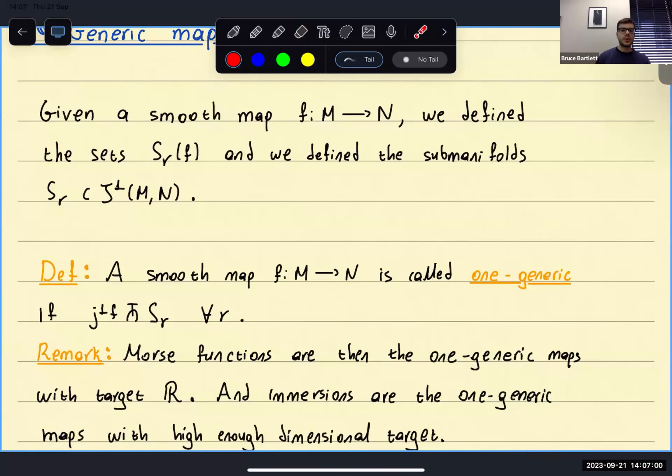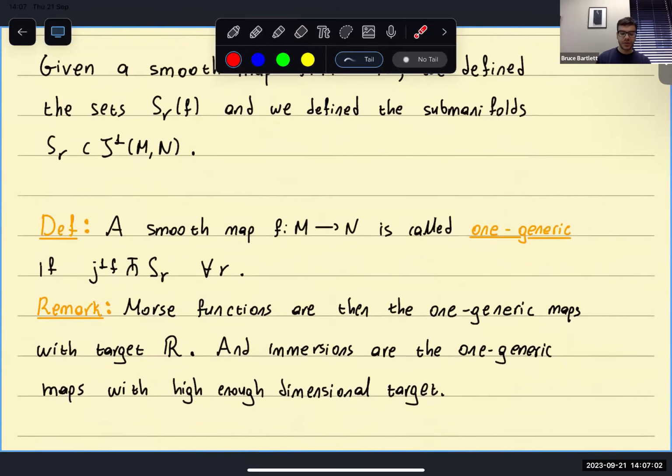So for example, the Morse functions are the 1-generic maps with target R. And also we saw yesterday, we talked a little bit about immersions and saw that those are the 1-generic maps with targets of high enough dimension.